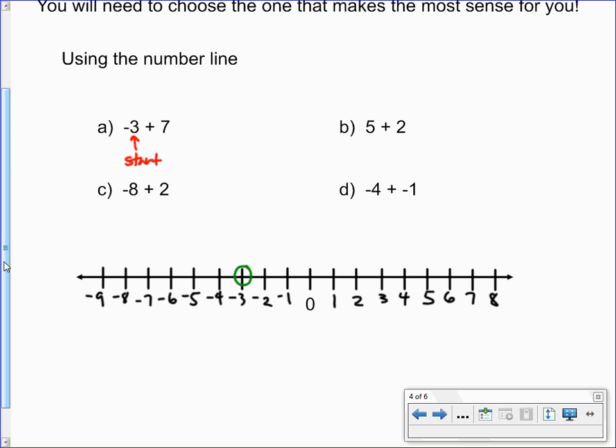By adding 7, getting bigger means you go towards the positives. If you're going to get smaller, that means you're going to head to the left towards the numbers that are more negative. So if I add 7 to negative 3, I'm going to add 1, 2, 3, 4, 5, 6, 7. My answer to this problem is positive 4.